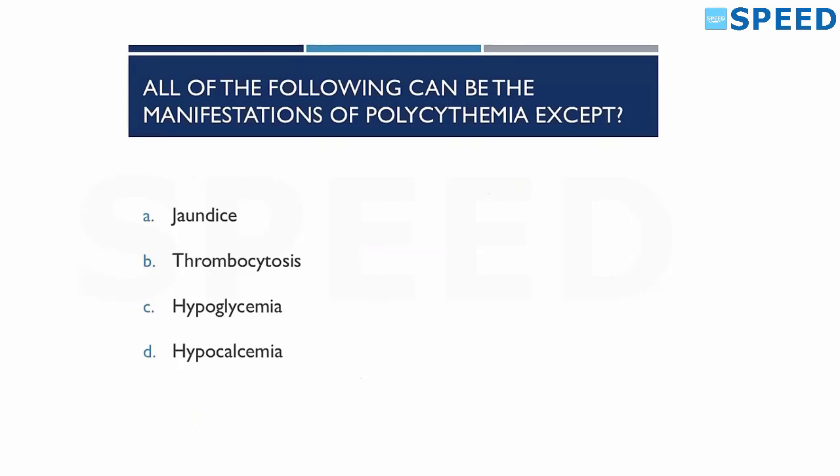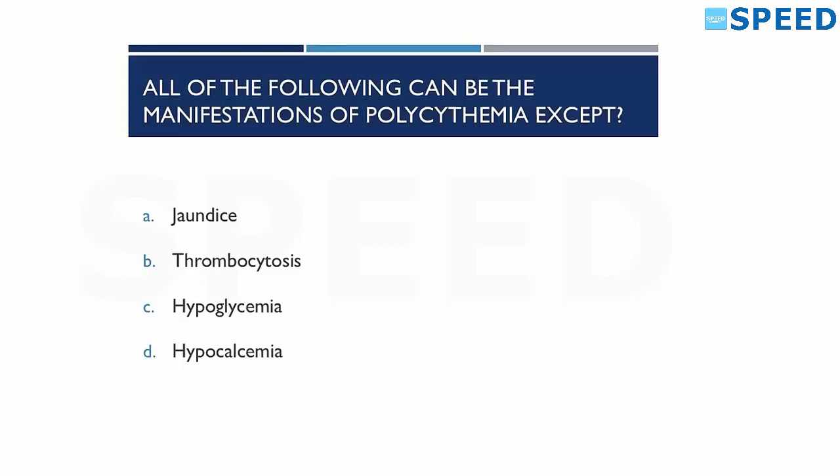All of the following can be manifestations of polycythemia except, options are: jaundice, thrombocytosis, hypoglycemia, hypocalcemia. Though hypoglycemia, hypocalcemia both can mimic polycythemia, you should understand that both hypocalcemia and hypoglycemia can be precipitated by polycythemia as well when you see the clinical manifestation and the pathophysiology of polycythemia.